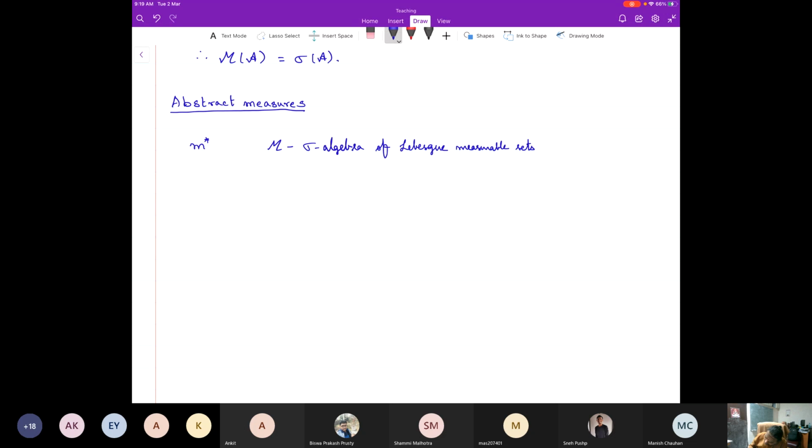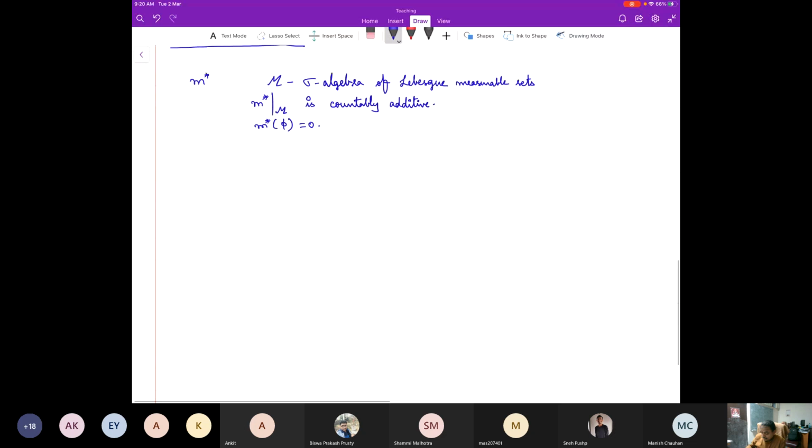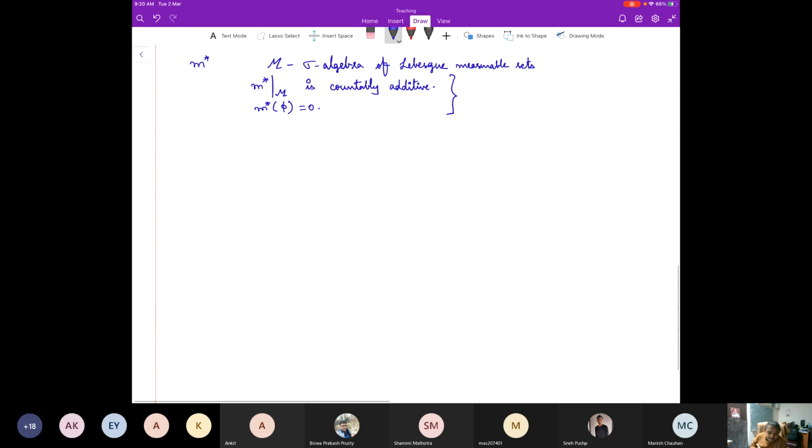This is script m, and then when you restrict m star to m, this is countably additive. And this one is known, m star of empty set is 0. So these are the two properties that we are going to make use of. So now let's get into the definition.